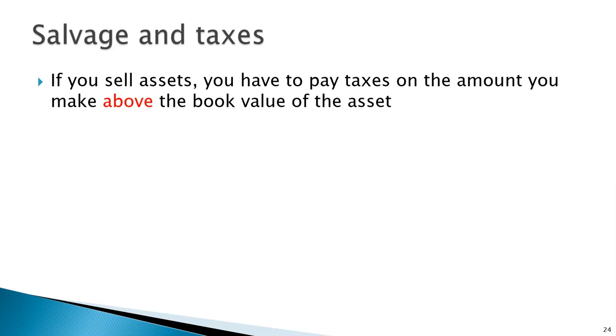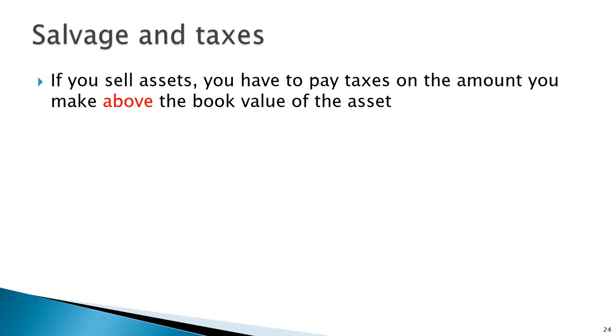You're able to deduct that expense off your taxes. But then if you turn around and sell that machine for more than the book value, the tax authorities say, hey, wait a minute, you deducted all this depreciation expense, saying you're using up that amount of value of the machine and you're getting a tax break on it. And then it turns out that the machine is worth more than it should be based on the amount of depreciation expense you've taken.